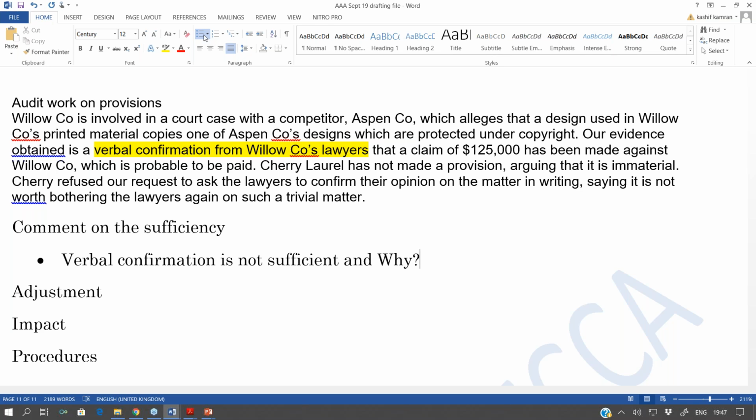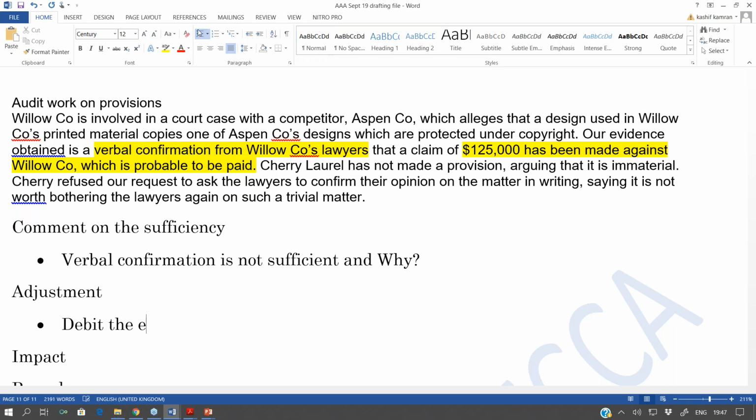Adjustment. Should we make an adjustment of the $125,000, which is probable to be paid? The company has not made a provision, arguing that it is immaterial. Whether it is immaterial or material, should we make a provision? Do you all agree with that? So when I have to make a provision, what should I debit?